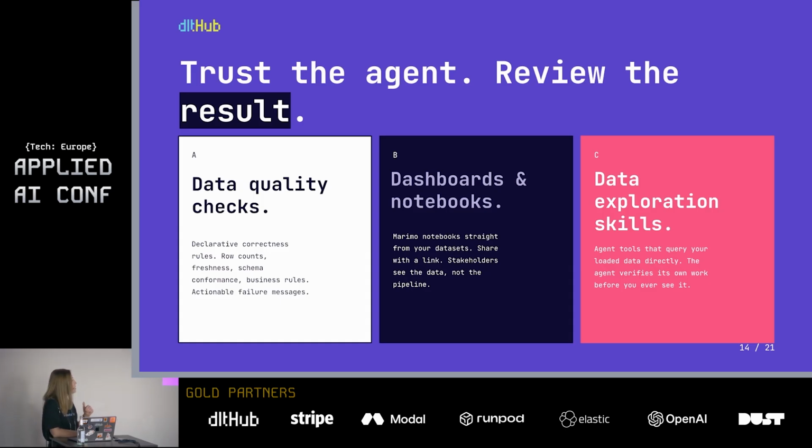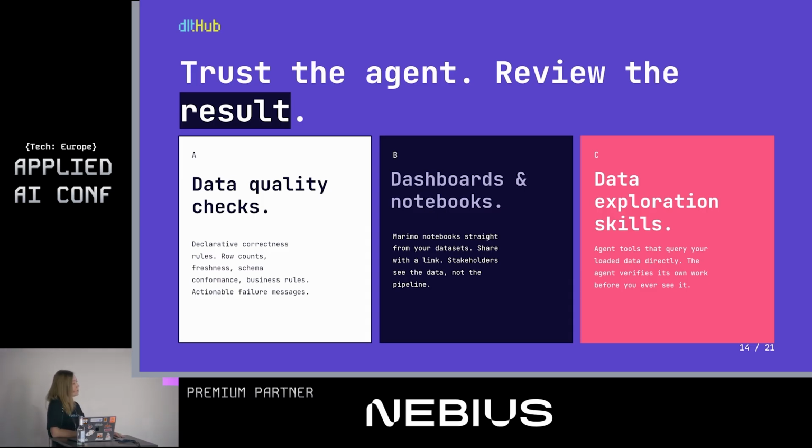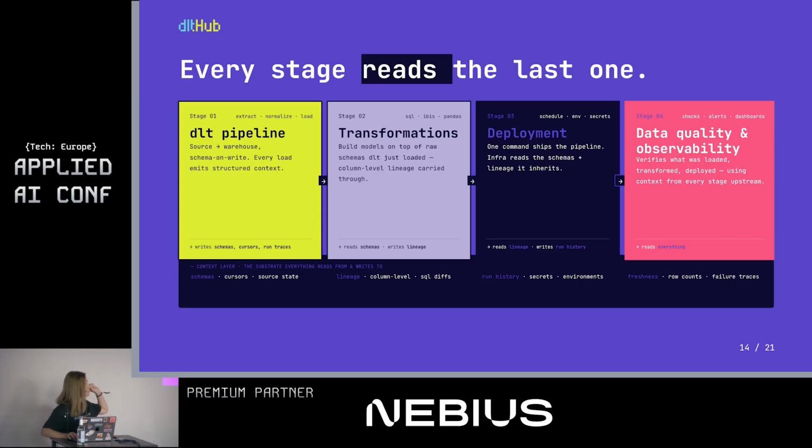Is it correct? How many tables? How much data? And data exploration skills. So you can use dltHub AI Workbench and just ask it, "Please, can you validate it for me?" And it will run a list of checks to make sure that your data is correct. But remember, the last step should always be a human. Always review your generated stuff.